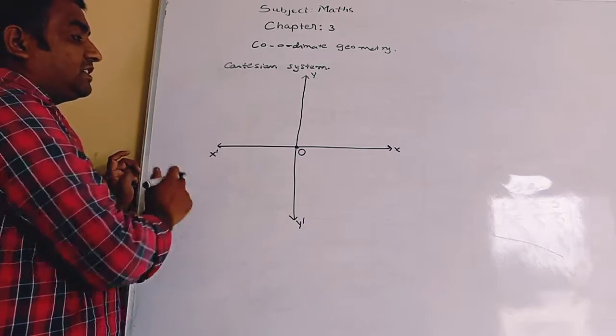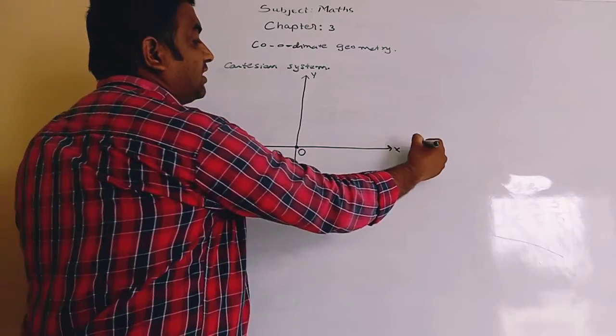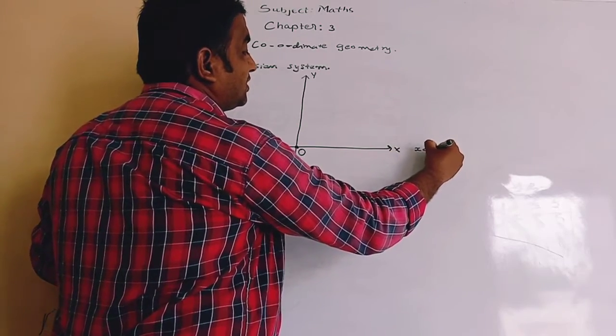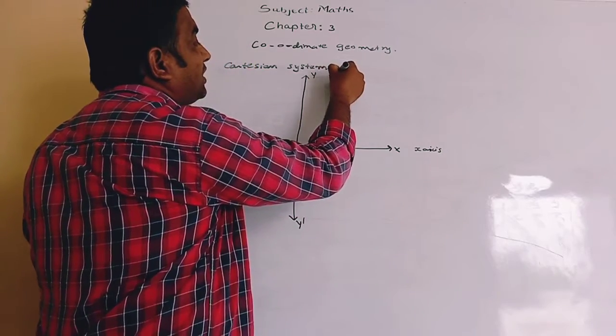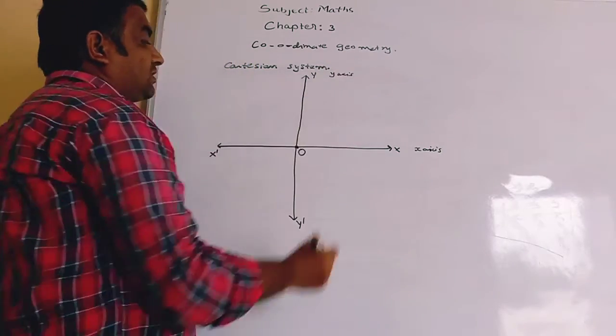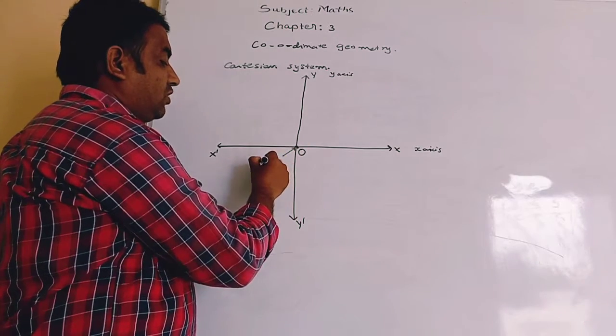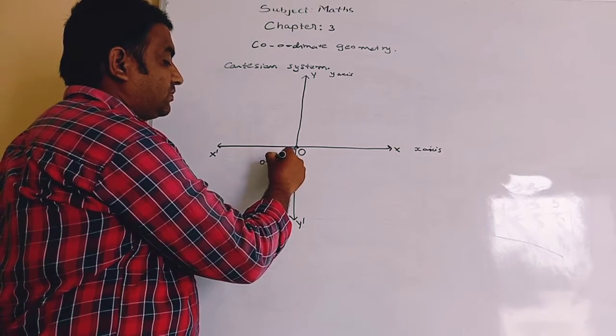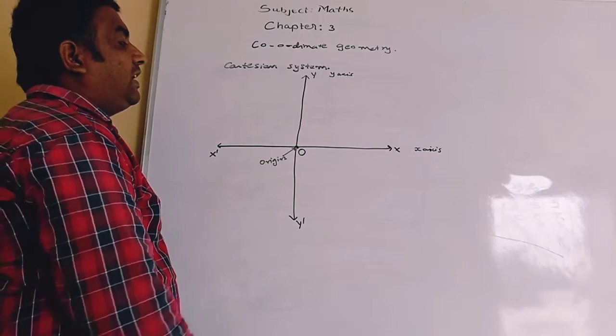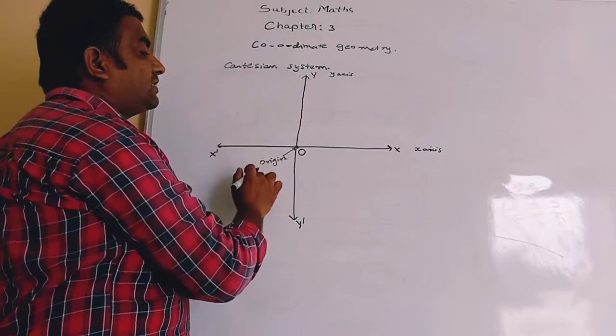The horizontal line is known as the x-axis, while the vertical line is known as the y-axis, and the intersection point of the two lines is known as the origin. So the plane is divided into four parts, and each part he called a quadrant.